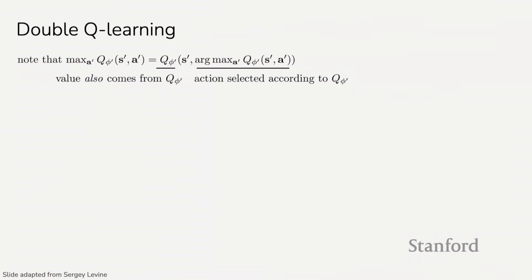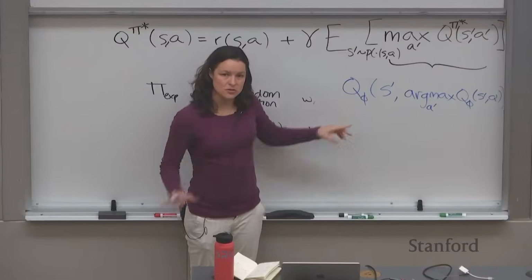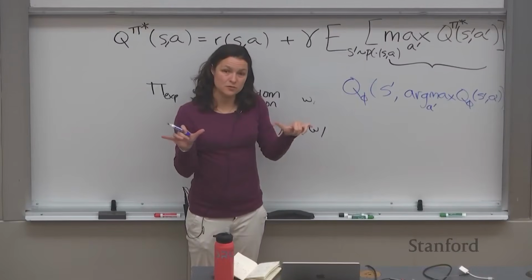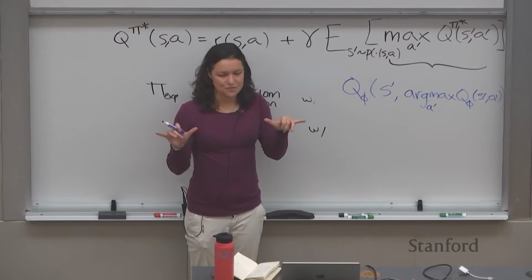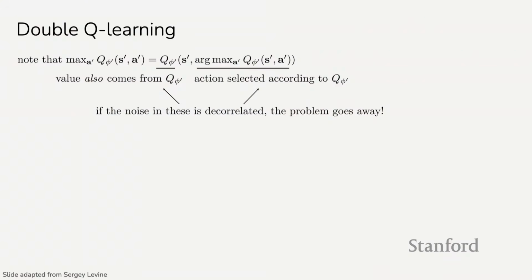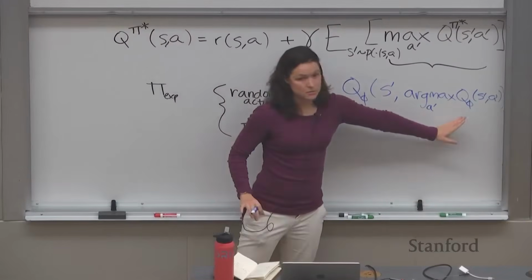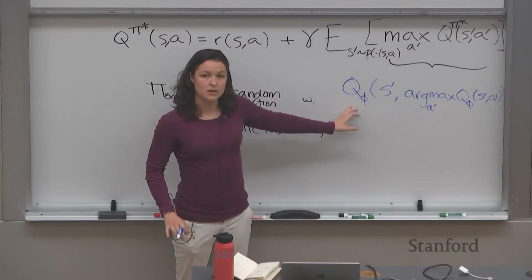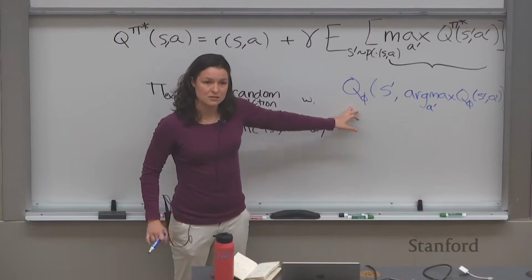Now, if you instead used a different Q function for picking an action and evaluating it, you could decorrelate the noise. Two different Q functions would naturally have different noise and different errors. So if we have a way to use different Q values, we can eliminate this problem of overestimation by decorrelating the noise, using a different Q function to pick the action than to evaluate it.